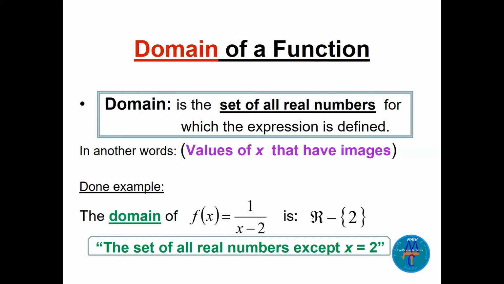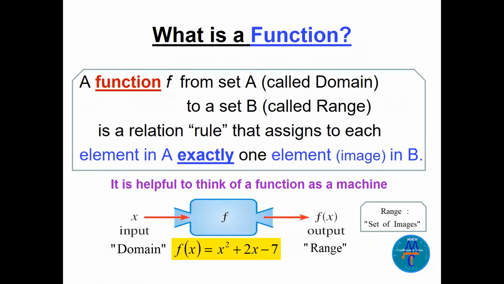Now the domain, to stress the idea again, domain is the set of all real numbers for which the expression is defined. In another word, a simple way to define it: the values of x that have images. Remember when I told you that for a function, every x you put is in the domain.